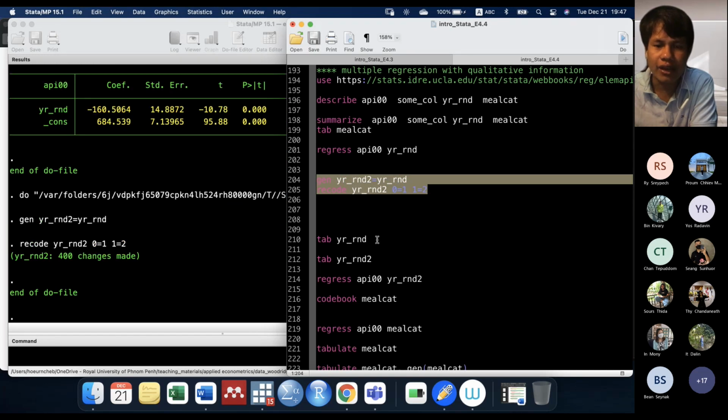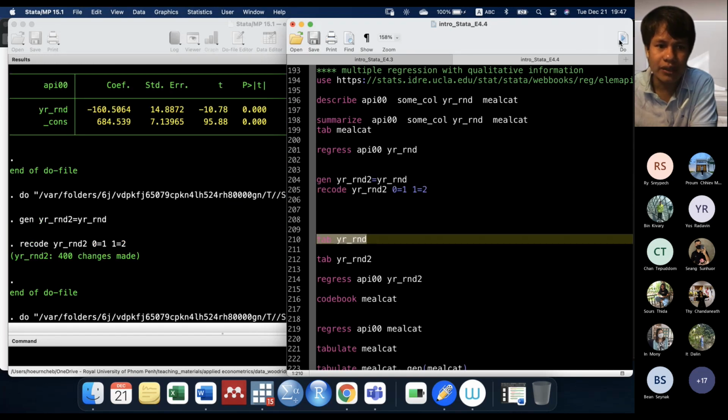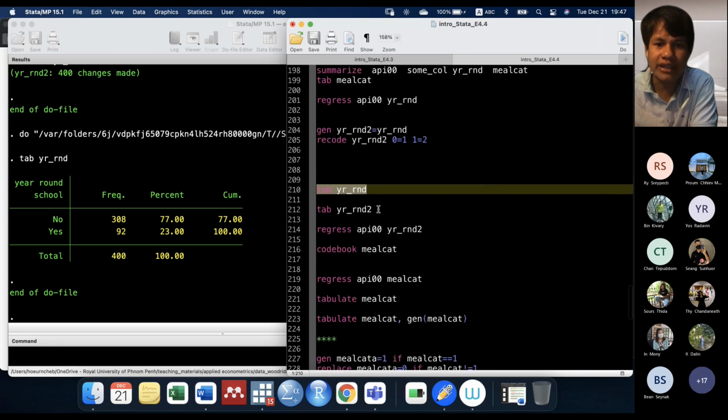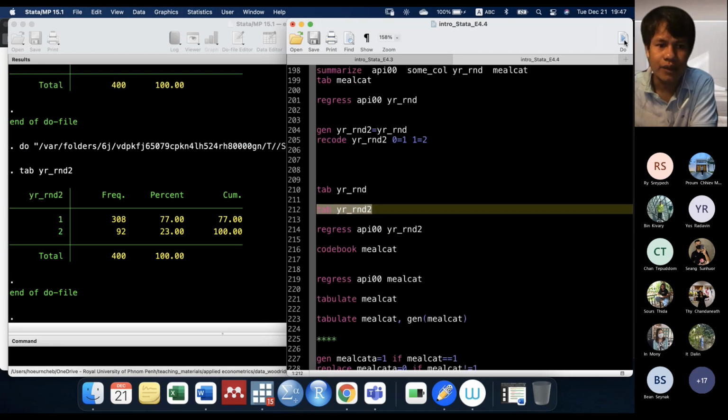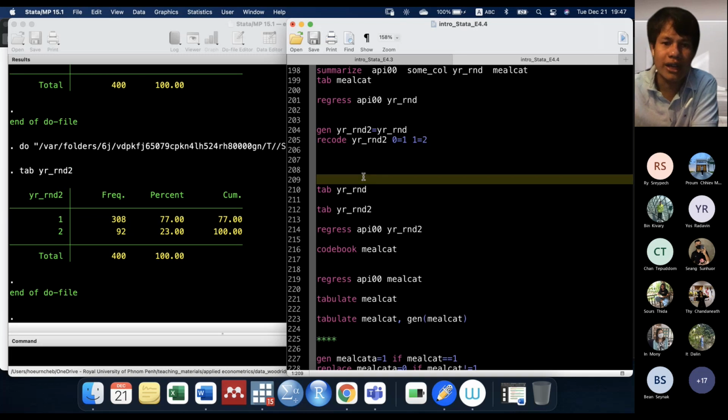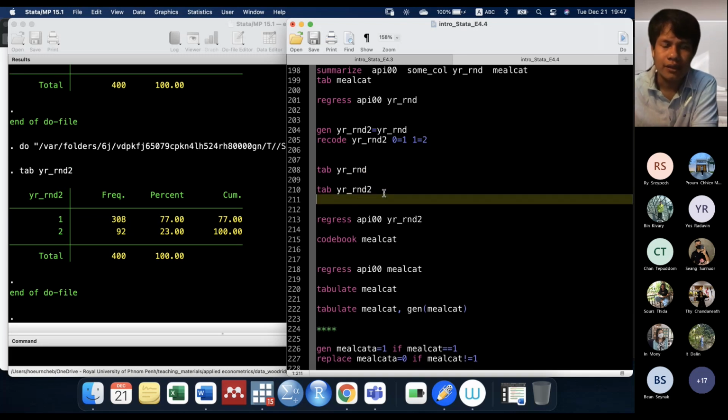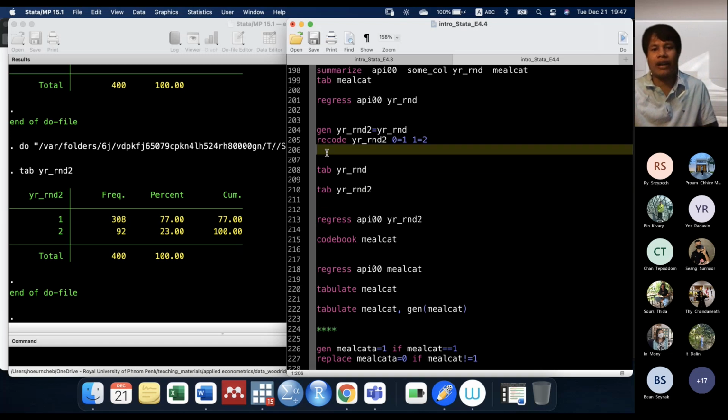If you take a look at year round, it's still 1, 0, but if you take a look at year round 2, it becomes 1, 2. It's no longer the same. Are you following me on how to recode from 0, 1 to 1, 2? 0 becomes 1, 1 becomes 2.